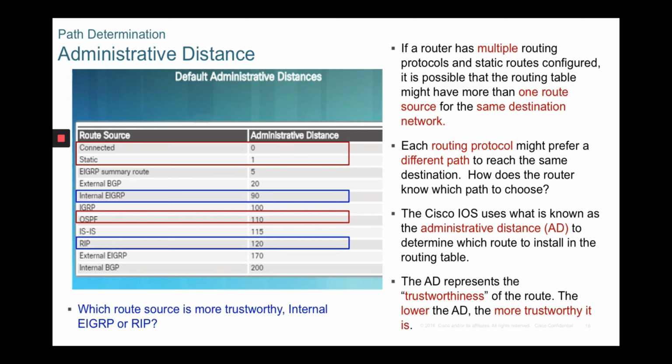So the answer is, the router will choose the lowest administrative distance value, which in this case is internal EIGRP 90, to be stored and to choose that path to reach the destination.